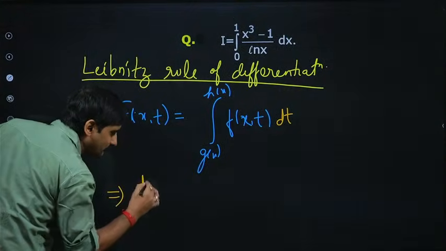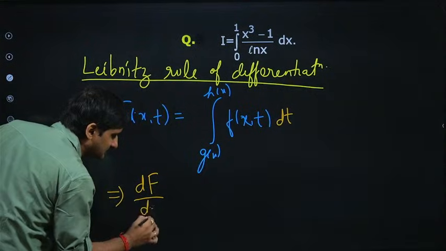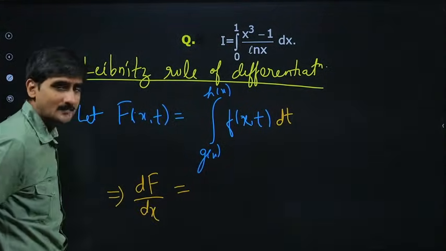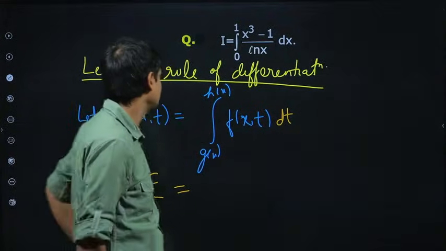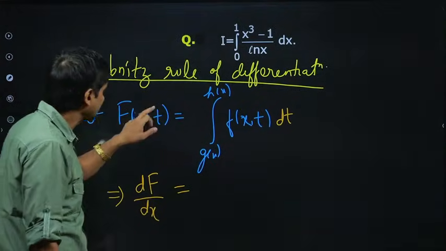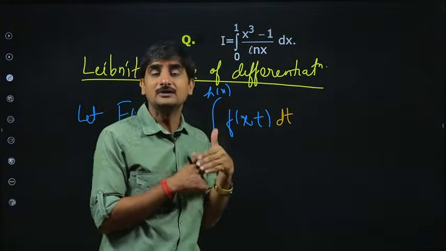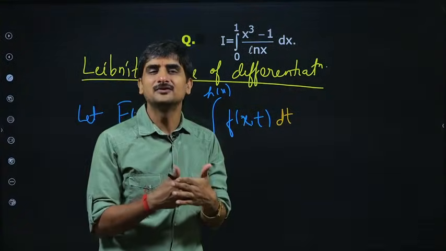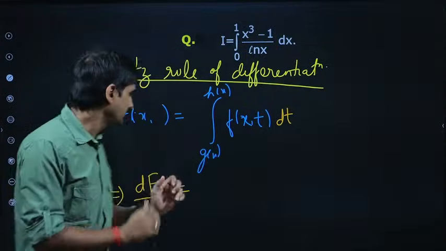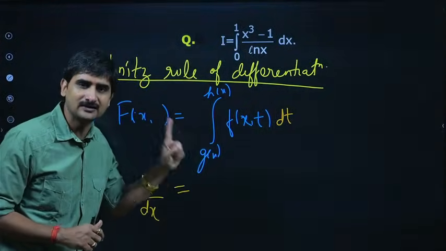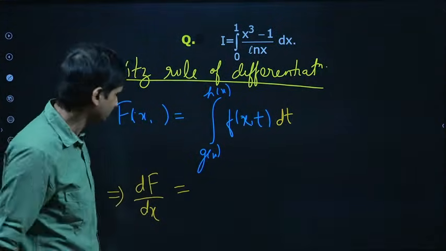Now to differentiate such a function with respect to x, of course we won't get a function of t here, because we have already put the limit over t. T goes from g of x to h of x, so it will be overall a function of x only. I believe you could have got that.